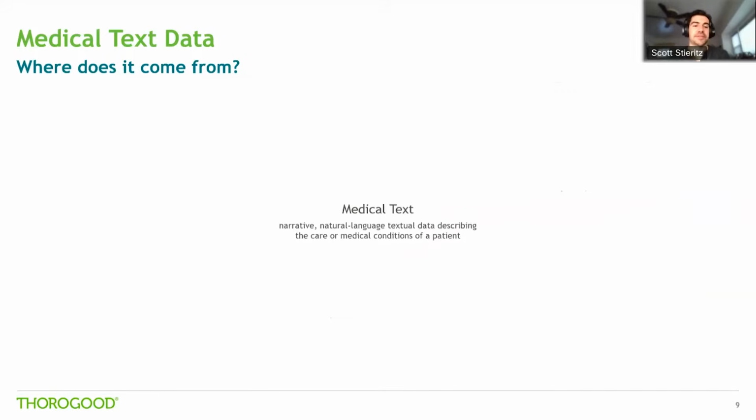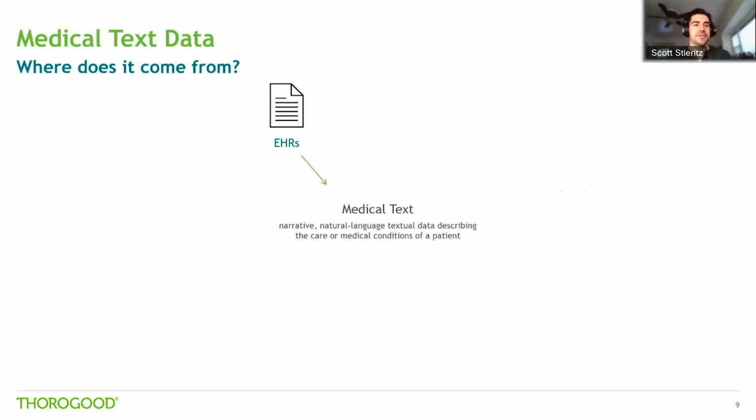Medical text data itself is narrative, natural language textual data, which addresses care of patients, or maybe medical conditions or medical histories of patients. So things related to people, things related to the healthcare of those people, and specifically the textual data from those sources. You might see data coming in from EHR systems, or electronic health record systems.